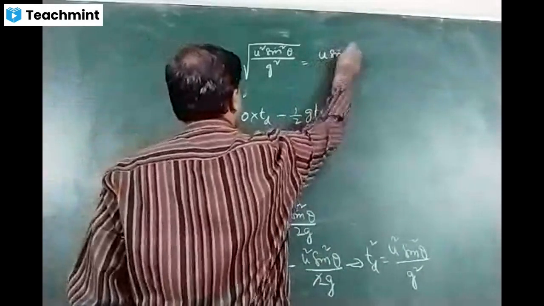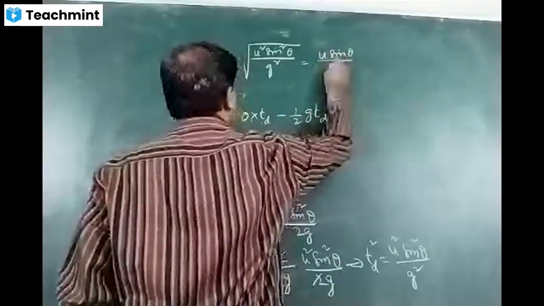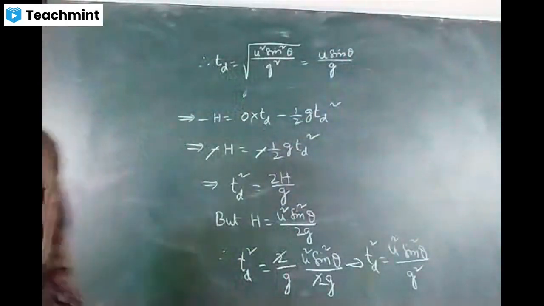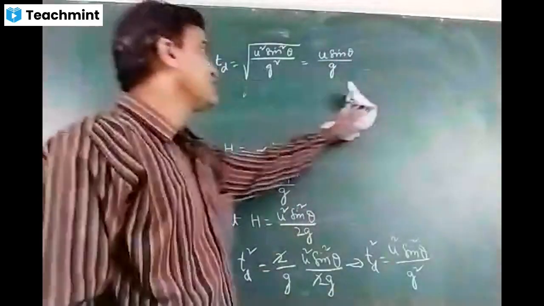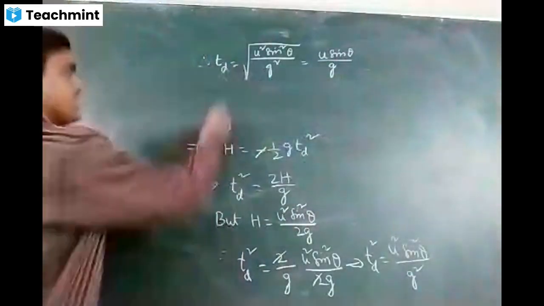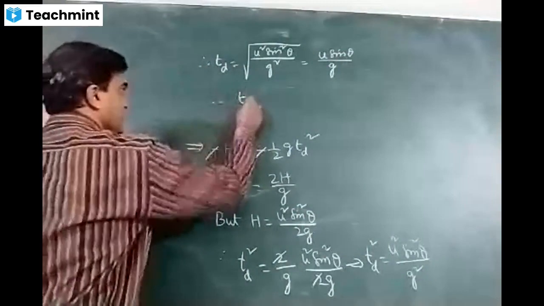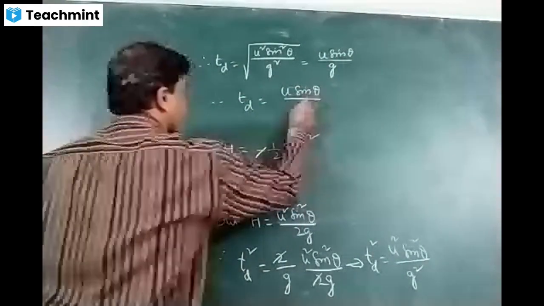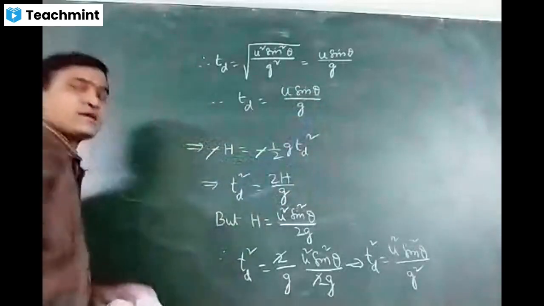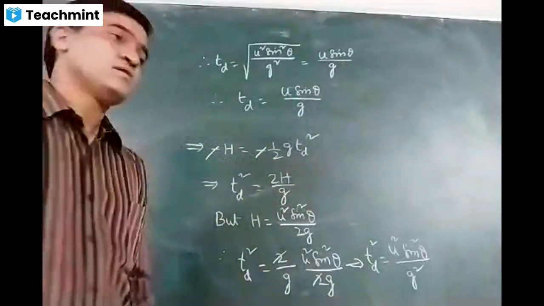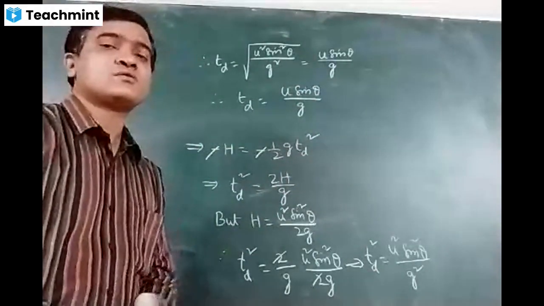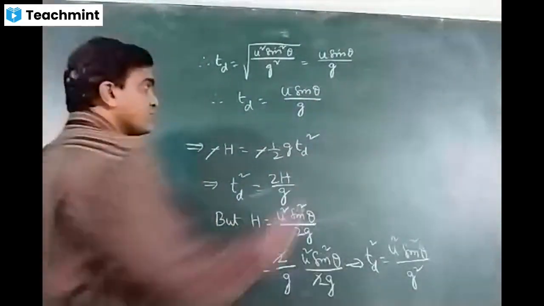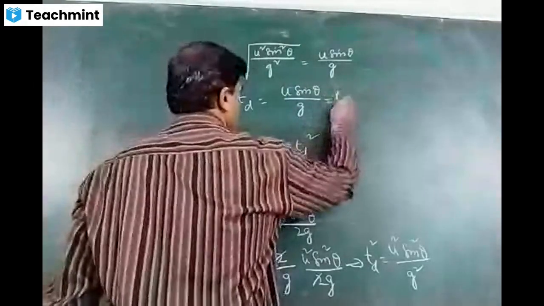So finally, I got the formula for time of descent as u sin theta upon g. Now, can I say that time of ascent is equal to time of descent?